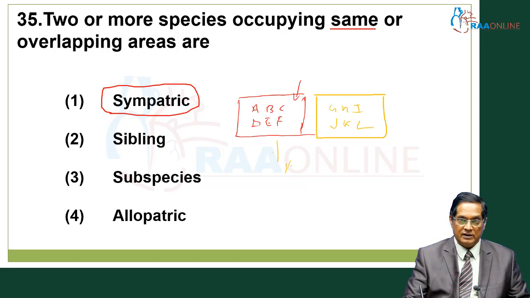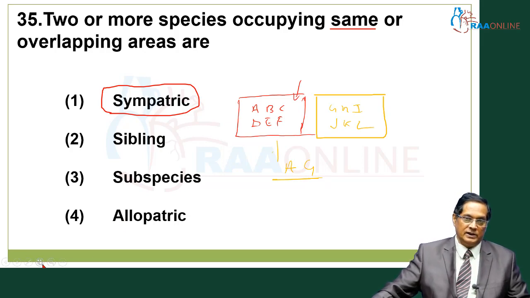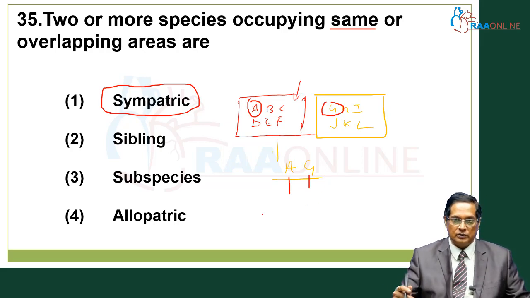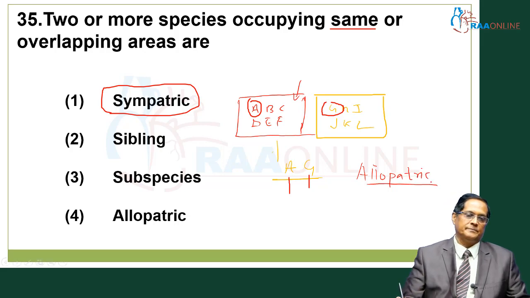But if we take A from here and G from here, these two are from two different areas. Then that is allopatric. Such species are known as allopatric. A-L-L-O. Allopatric species.